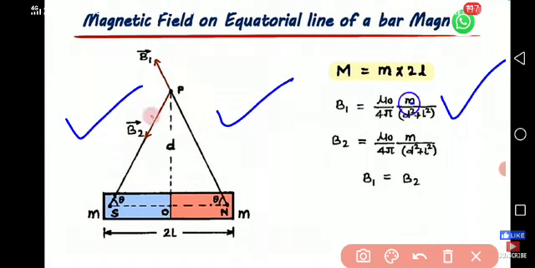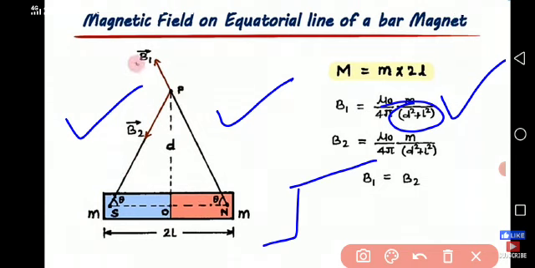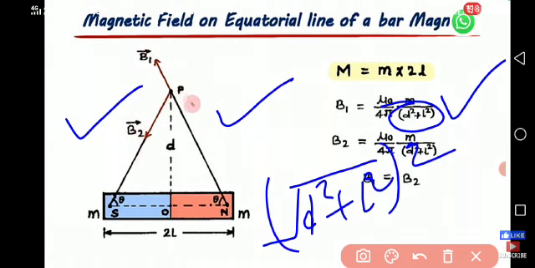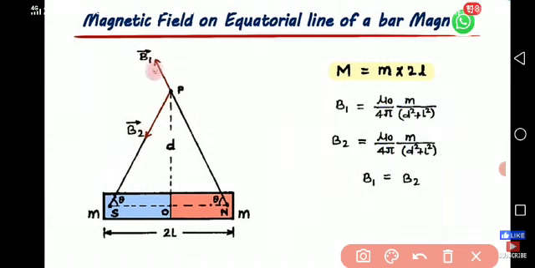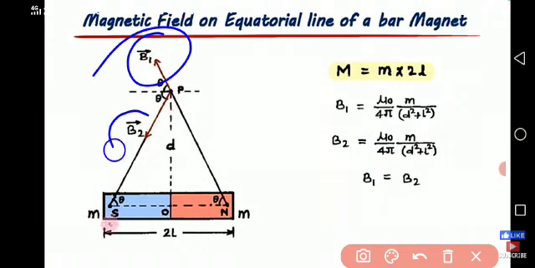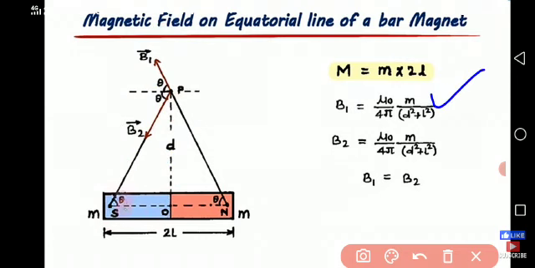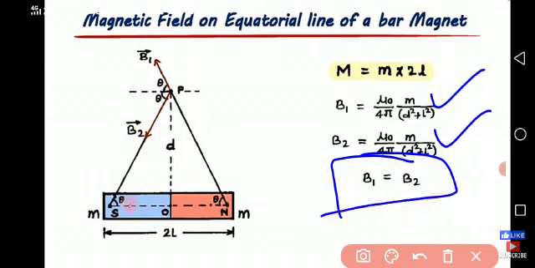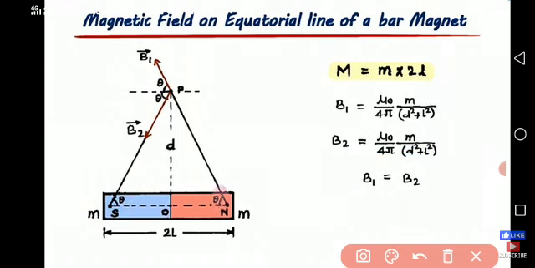Now you must be thinking where under root gone, because it was under root d square plus L square whole square. So square and under root will cancel out each other, and it is emerging out from north pole. That's why B1 is away and B2 is towards south pole. Now both numerical values are same. That means B1 is equal to B2.